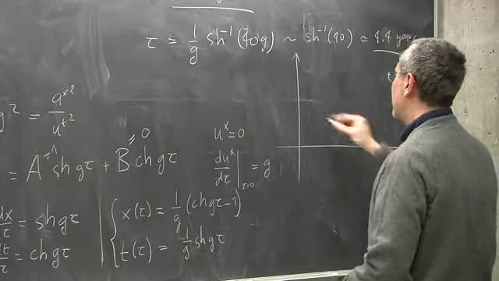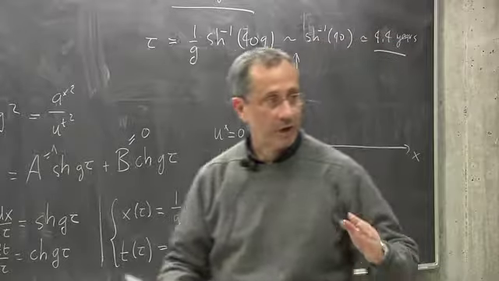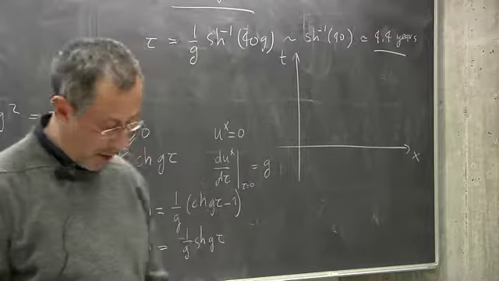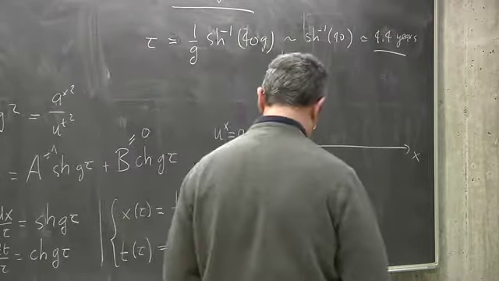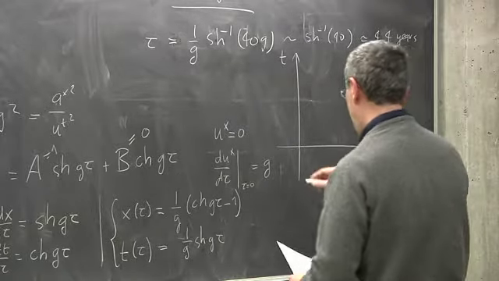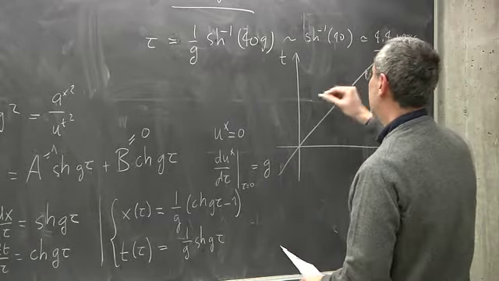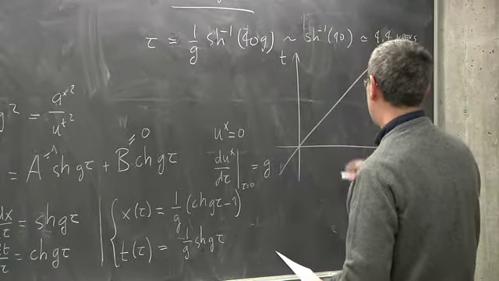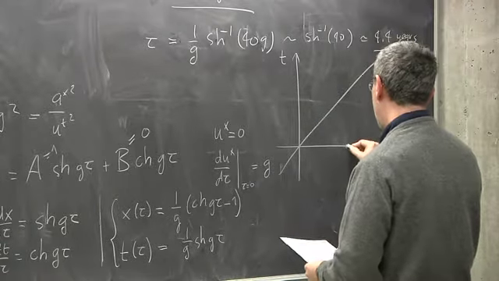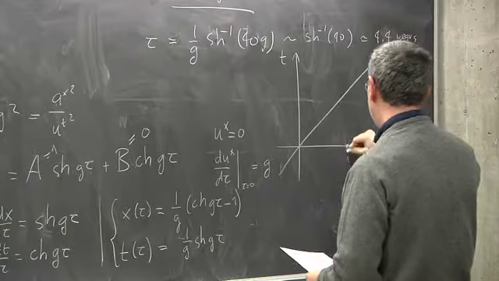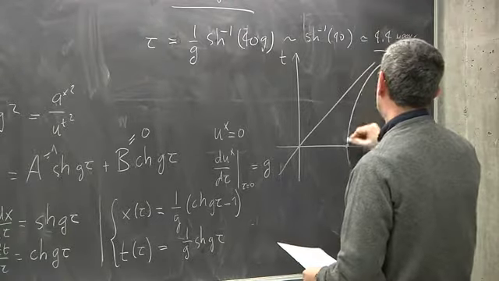If this is x and this is t, now your trajectory is this curve. So it's something like this. I mean, c is equal to 1, so the speed of light is this. And so you start somewhere here. So this is before you start, and then you move like this. This is your trajectory.